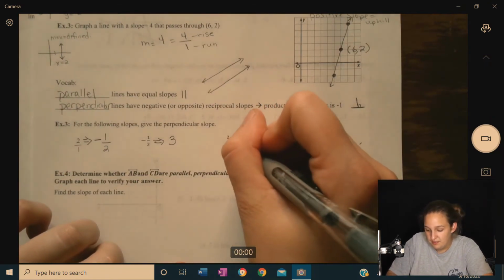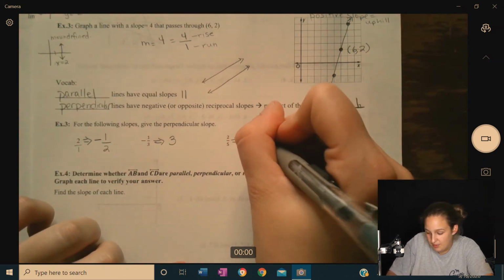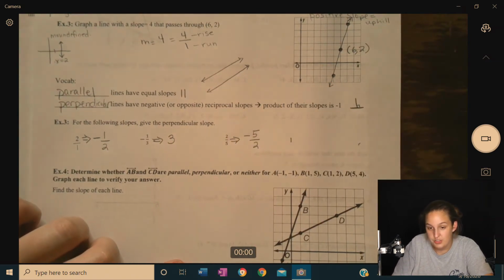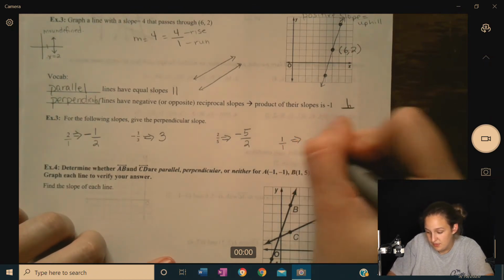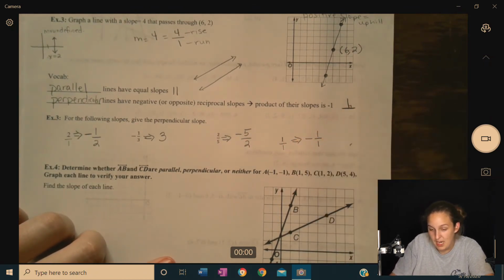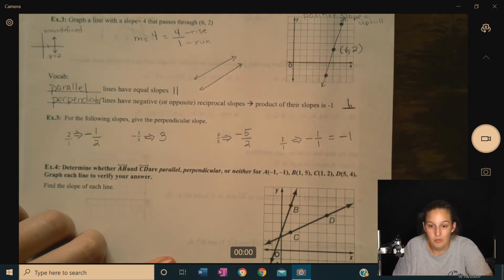For this one, you make it negative, you flip the top and bottom, so it's 5 over 2. This is really 1 over 1. So you make it negative, you flip the top and bottom, you still have 1 over 1, which is just equal to -1.